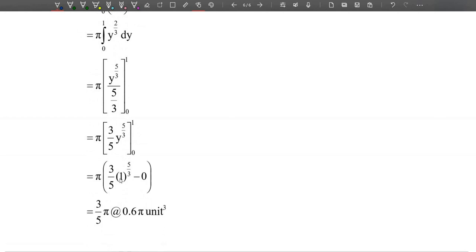Substitute the upper boundary minus the lower boundary, and remember to still write 0 even though the value is 0. The final answer is 3 over 5 pi, or 1.88 unit cube, or you can also multiply 0.6 with pi. Okay, that's all for this topic. Thank you.